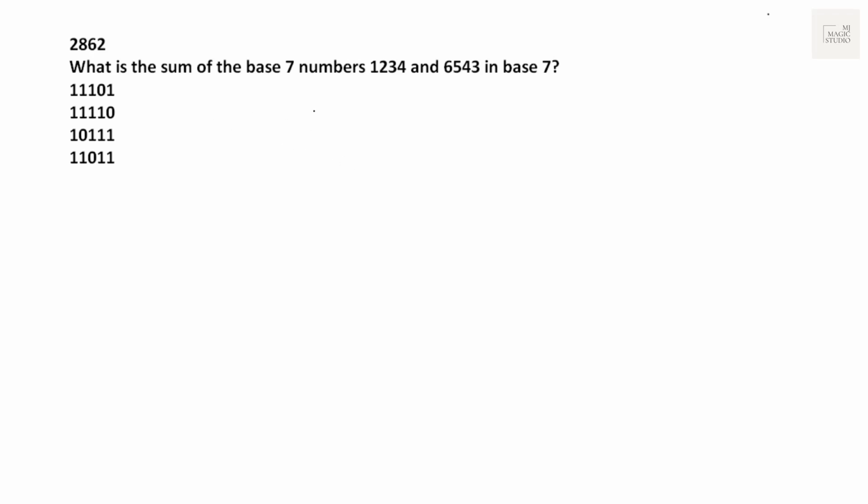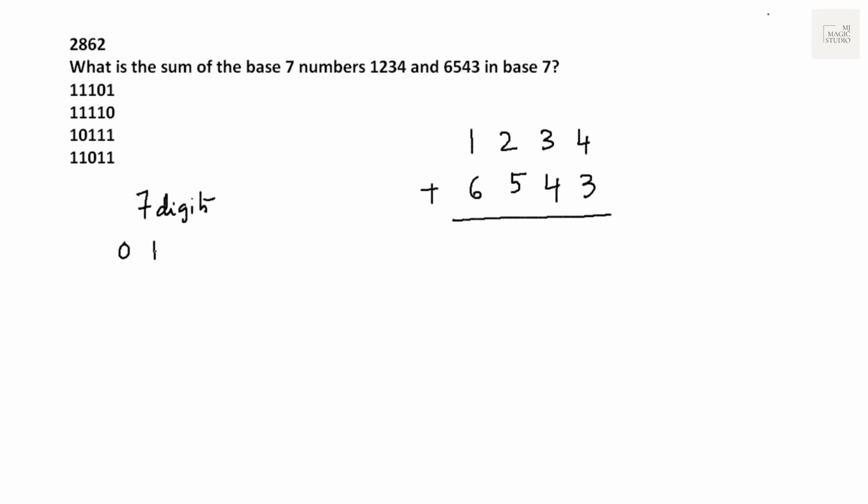What is the sum of the base 7 numbers 1234 added to 6543, where both numbers are in base 7? Okay, base 7 means it has only 7 digits, and those are 0, 1, 2, 3, 4, 5 and 6.